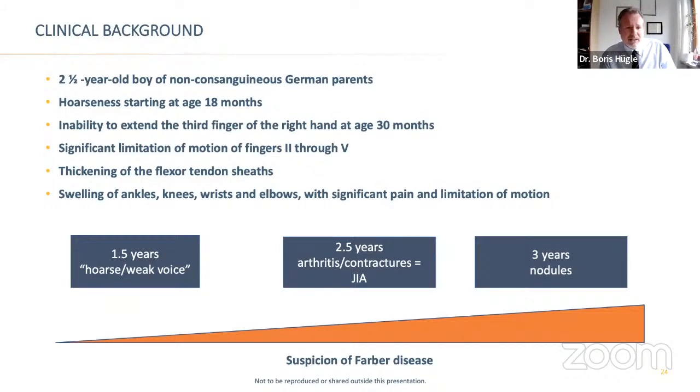But he had significant limitation of motion, he had thickening of the tendon sheaths, he had swelling of several large and small joints, ankles, wrists, elbows, significant pain, limitation of motion.